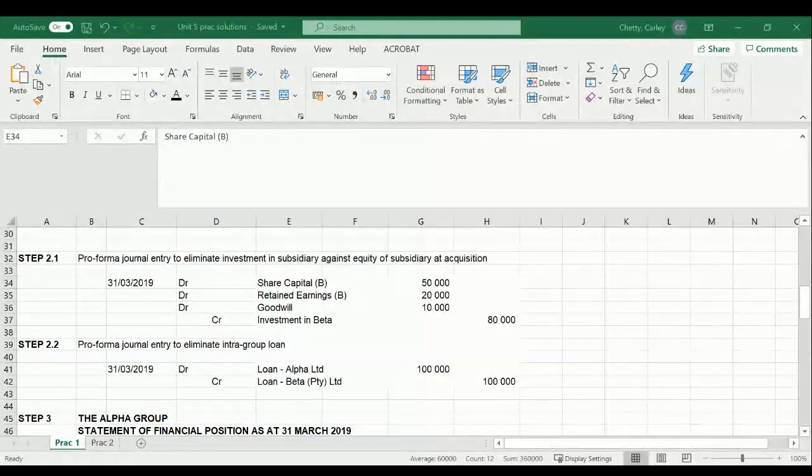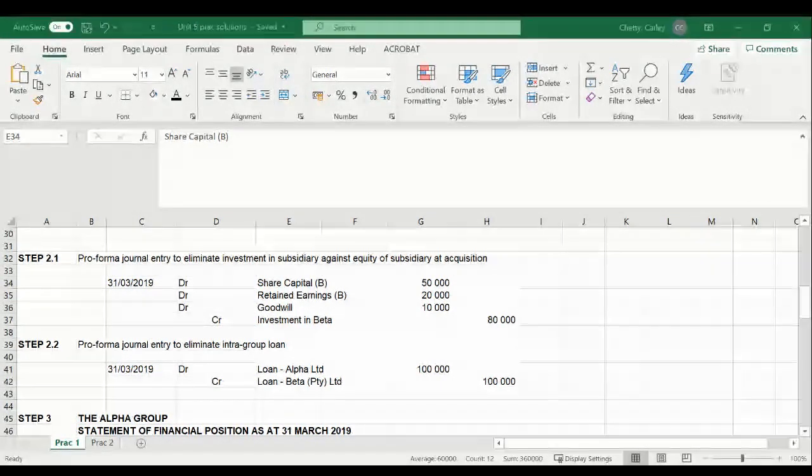And in Beta's books, it is okay for Beta to show the loan owing to Alpha. But when we take Alpha and we add Beta and we prepare what is called the consolidated financial statements, we are basically looking at Alpha and Beta as one company.